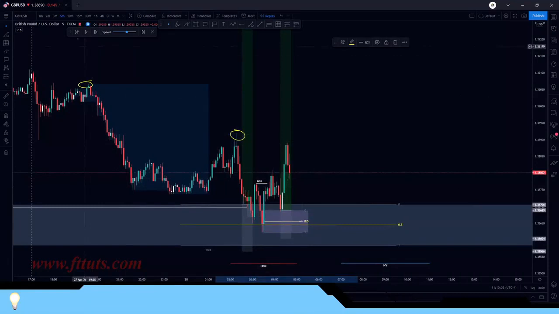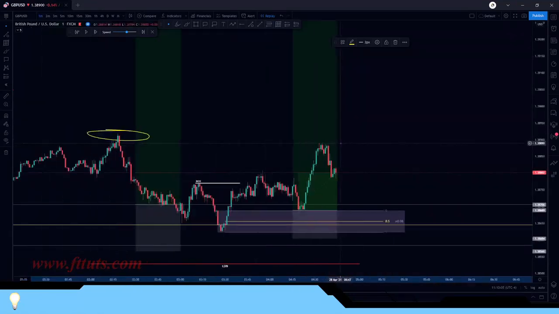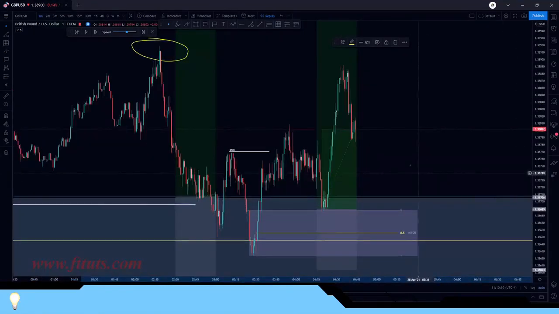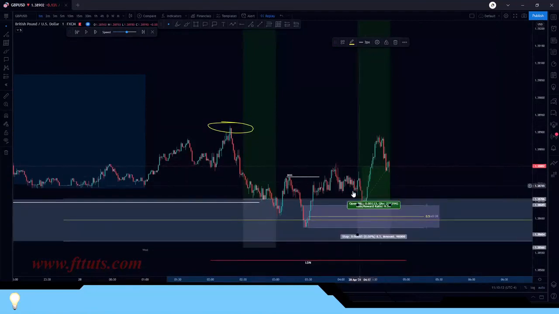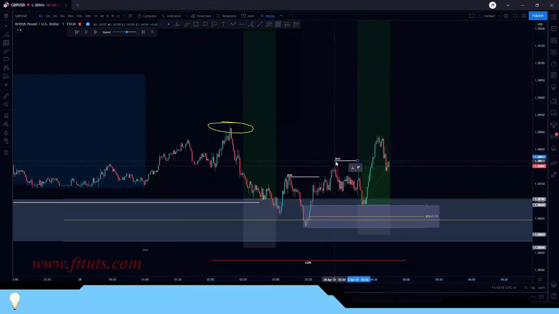So what we can see here, if we refine or go to the lowest time frames, the lowest time frame we have, we can clearly see this move as an impulsive move, breaking structure once again to the upside.